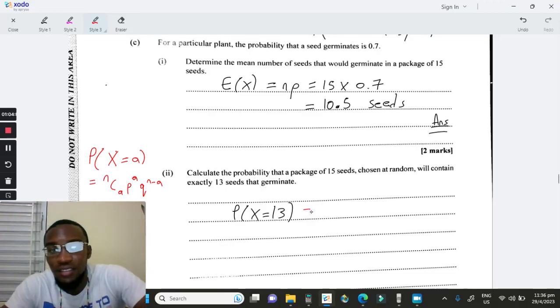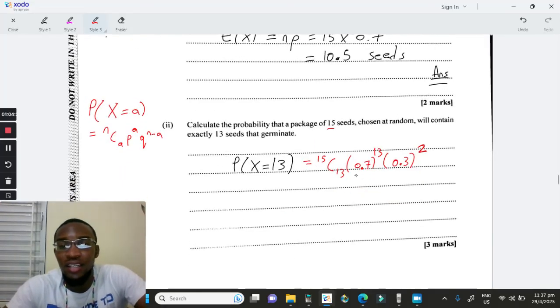So here n is 15, a is 13, p is 0.7 to the 13, times q, which is 1 minus p, 0.3, to the 15 minus 13, the second power.